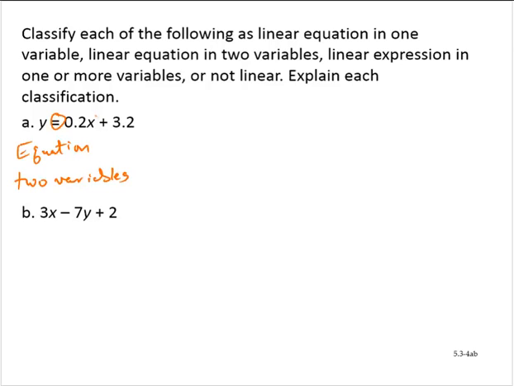We have an x to the first power and a y to the first power. So, since the highest power on each variable is 1, we say that it's linear.